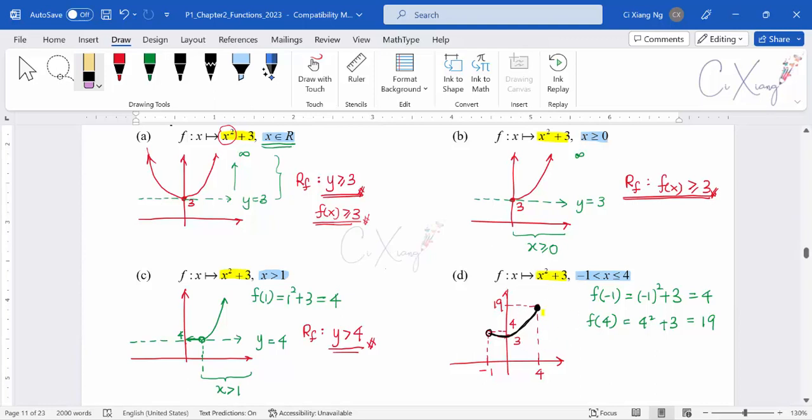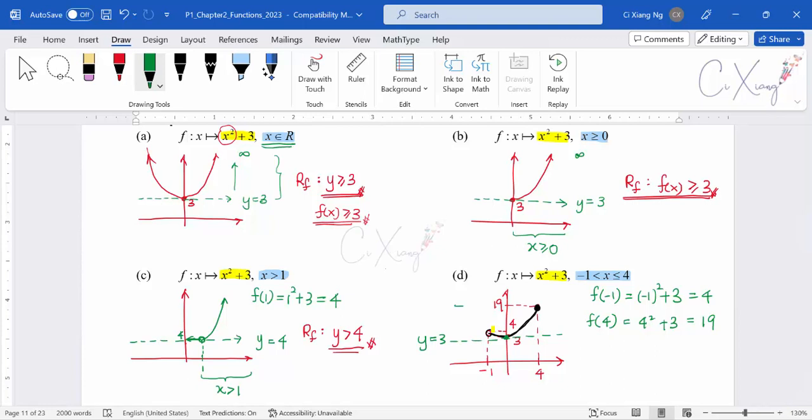So again, now I want to determine my range. Looking at the diagram here, where is my lowest point? You can see that actually 4 is not my lowest point in the graph. My lowest point is actually here. This value is still included in the diagram. So my lowest point is actually still y equals 3. And what's the highest point of this particular curve?